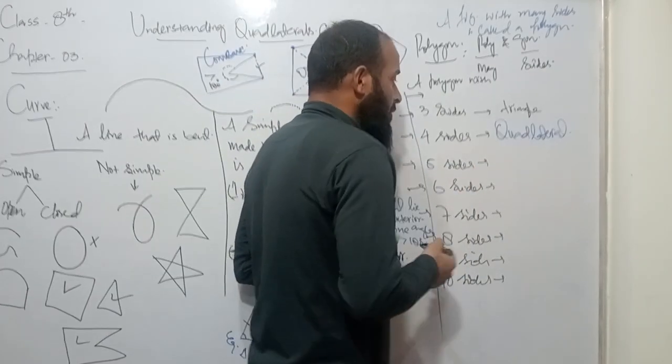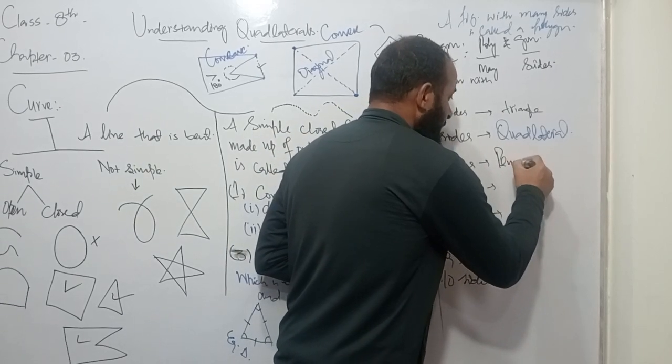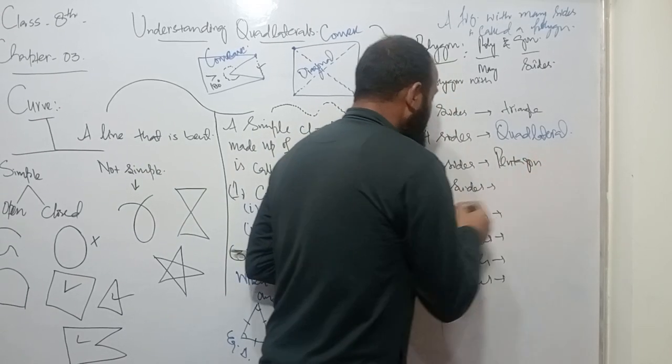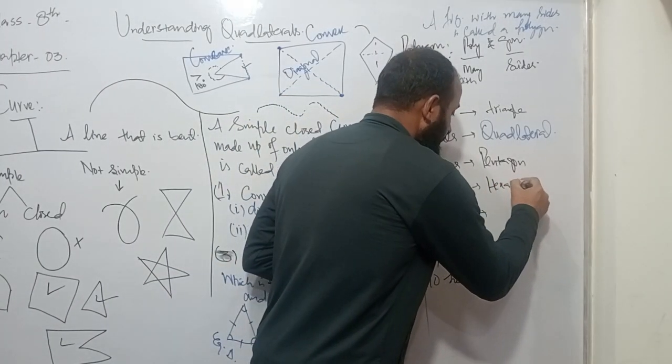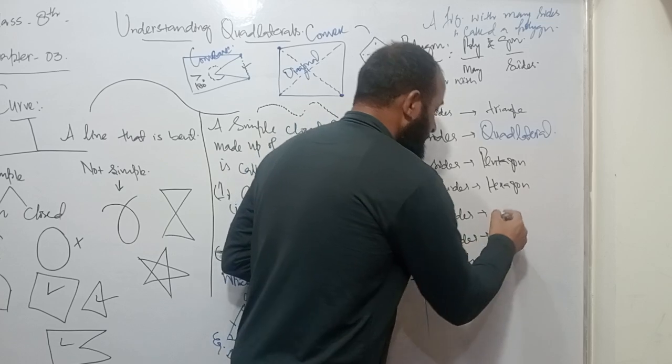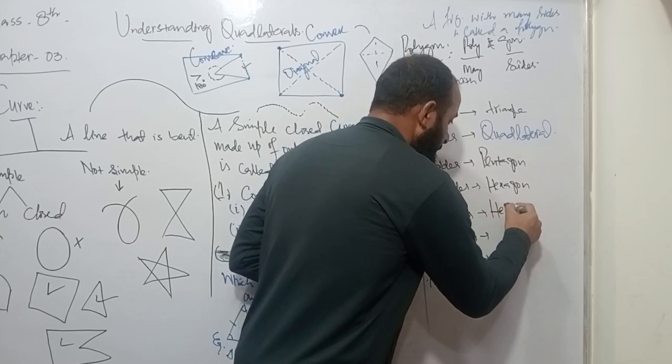A polygon with 5 sides is called a pentagon. A polygon with 6 sides is called a hexagon. A polygon with 7 sides is called a heptagon.